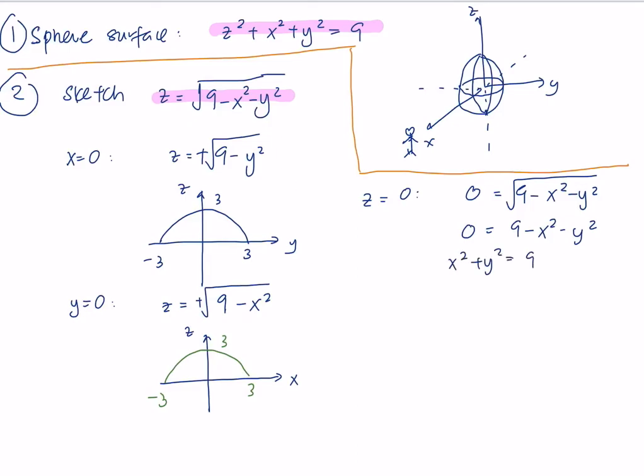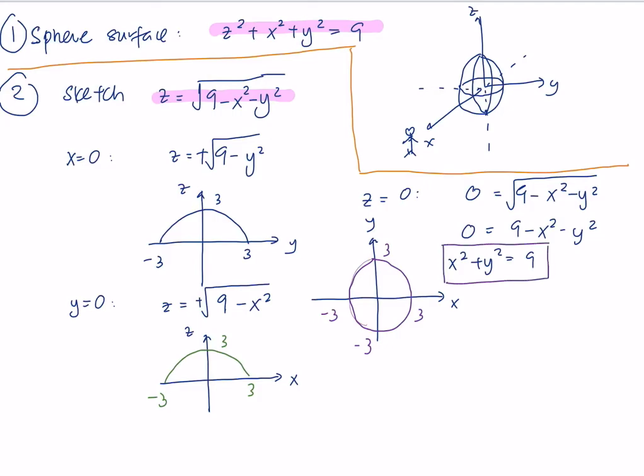From here you know this is a circle for x and y with radius 3, so you will have 3, minus 3, and 3, because you have this equation. This semicircle is for y equal to 0, and for this one you have this equation.